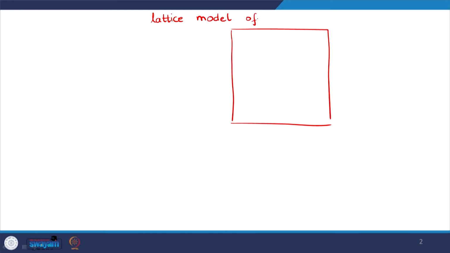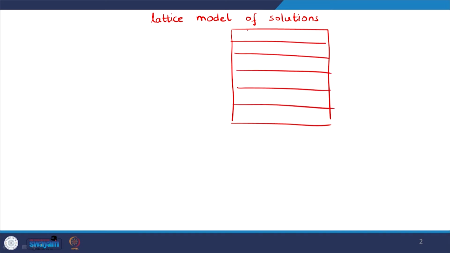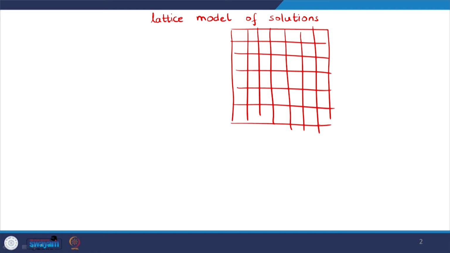So where we have been so far is we assumed that we are having a lattice and the solute and solvent molecules cannot just be anywhere, they need to occupy positions on the lattice, which pretty much reduces the dimensionality of the problem as we have discussed last time.